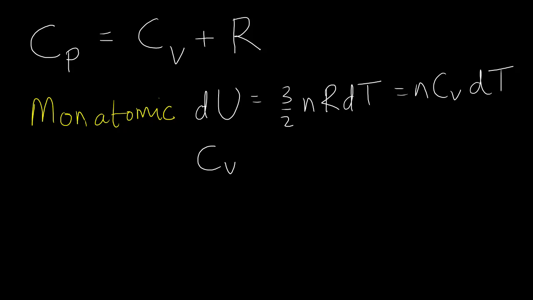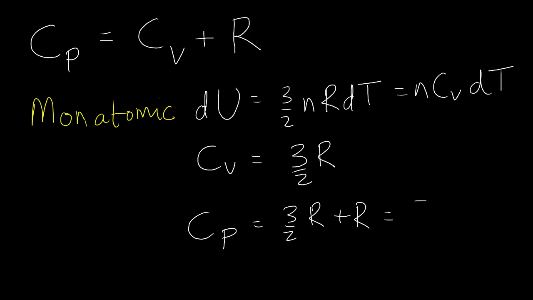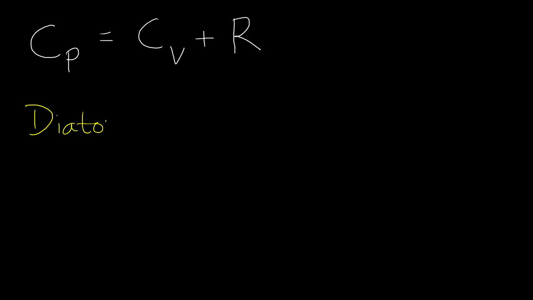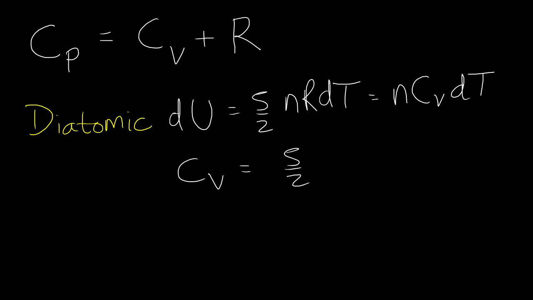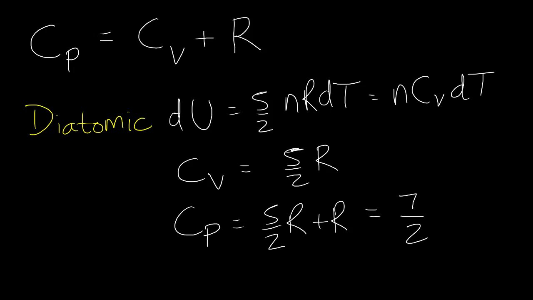So CV equals 3/2 R. So a monatomic ideal gas has Cp equals 3/2 R plus R, which is equal to 5/2 R. A diatomic ideal gas has U equals 5/2 nRT, so dU equals 5/2 nR dT, which is equal to nCV dT, and CV equals 5/2 R. Hence, a diatomic ideal gas has Cp equals 5/2 R plus R, which is equal to 7/2 R.